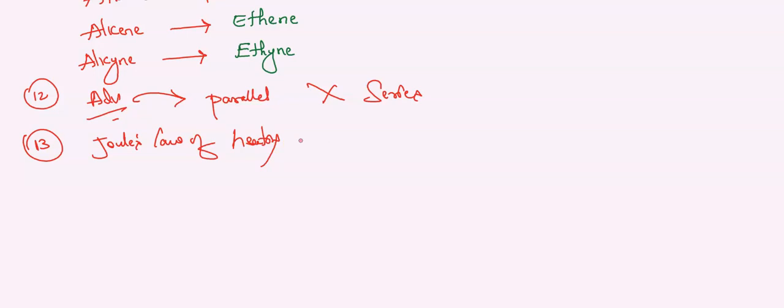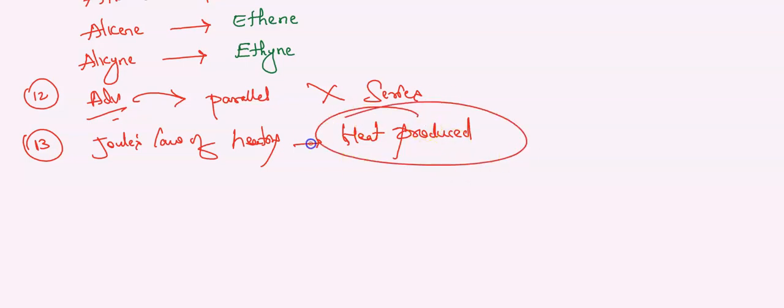Mention the factors on which heat produced in a resistor depends. Now, according to this law, write the formula to calculate the heat produced.